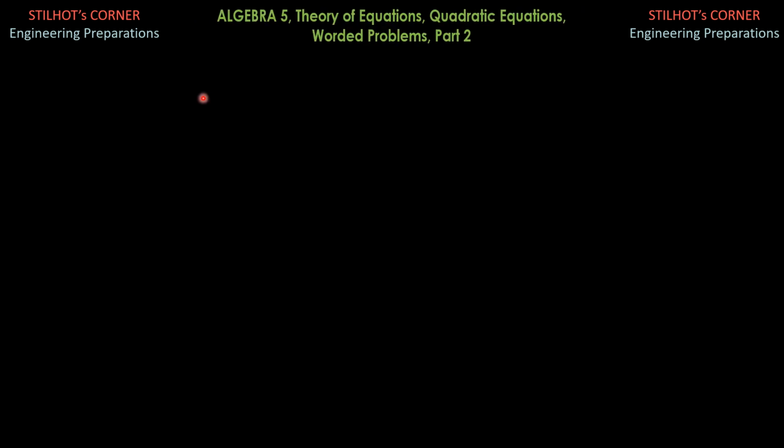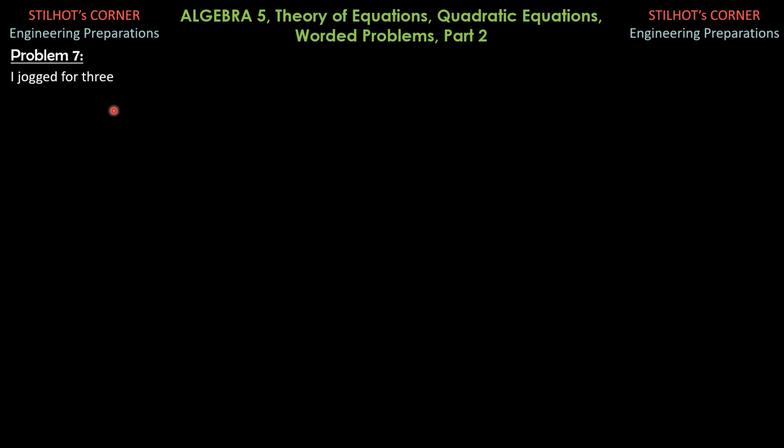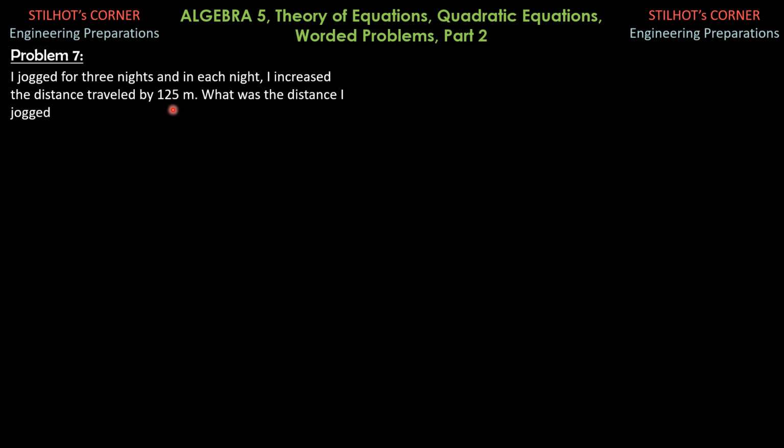Let's continue. Problem 7. I jogged for 3 nights, and in each night, I increased the distance traveled by 125 meters. What was the distance I jogged the third night if the total distance I traveled was 3,750 meters?